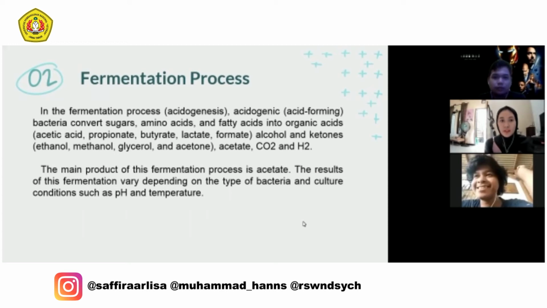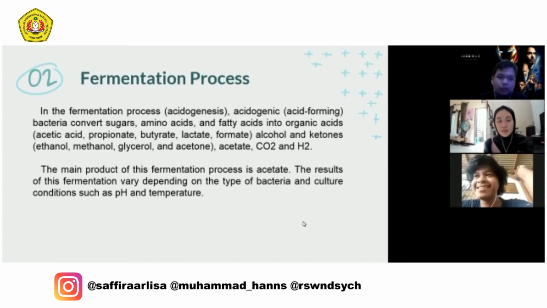In the fermentation process, acidogenic acid-forming bacteria convert sugar, amino acids, and fatty acids into organic acids: acetic acid, propionate, butyrate, lactate, formate, alcohols such as ethanol, methanol, glycerol, and acetone, acetate, CO2, and H2.